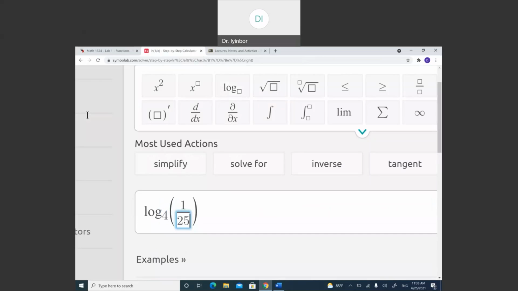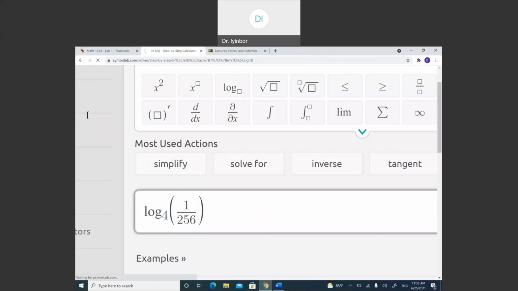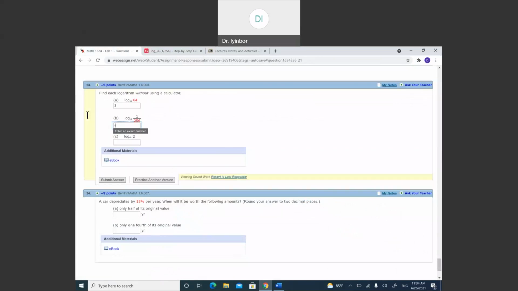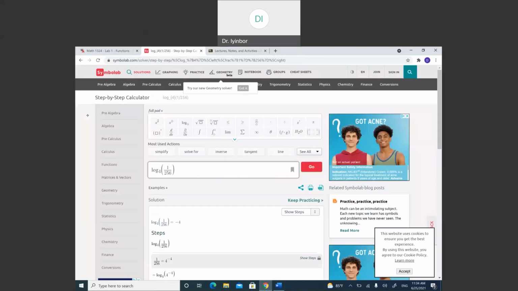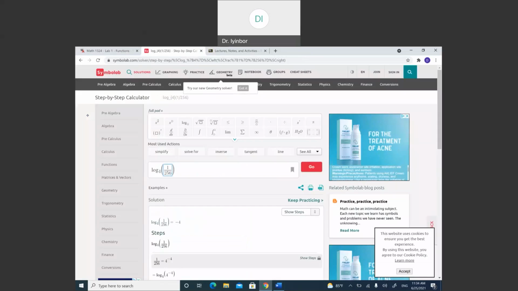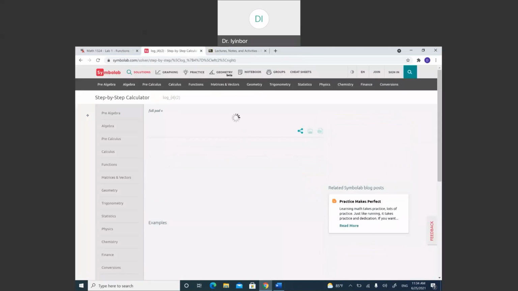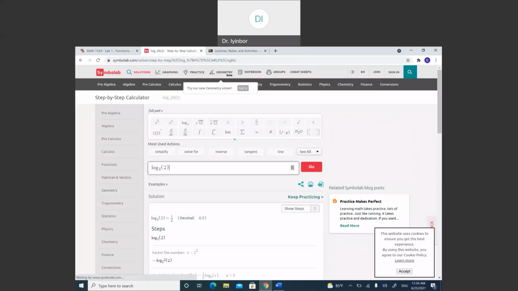Just put it exactly the way it is. And the answer is -4. And I told you why it's negative, because it's 1 over. 1 over gives you a negative exponent. And then the next one, the same way, you can just put it like that. You just put 2 there. I'm just going to do it like that. It's going to be 1/2. Okay, 1/2.